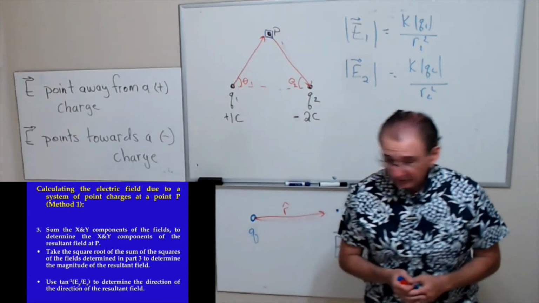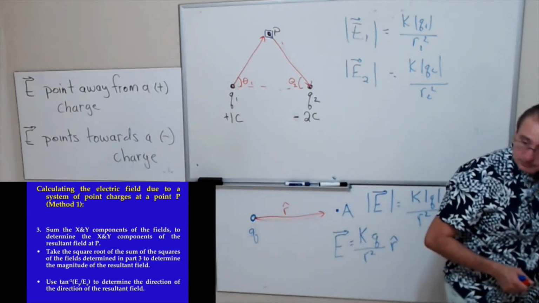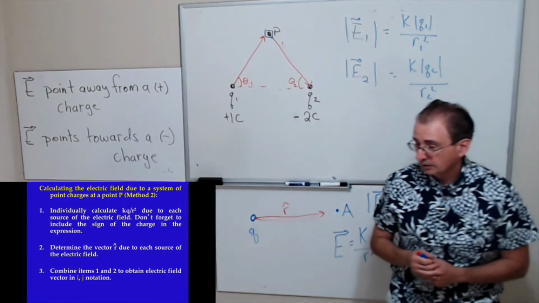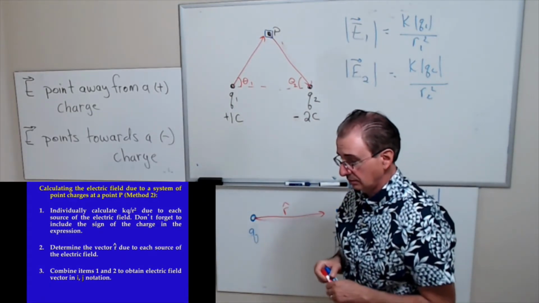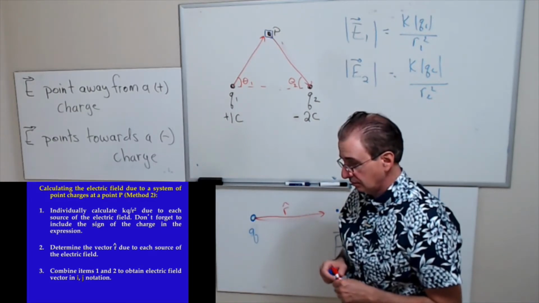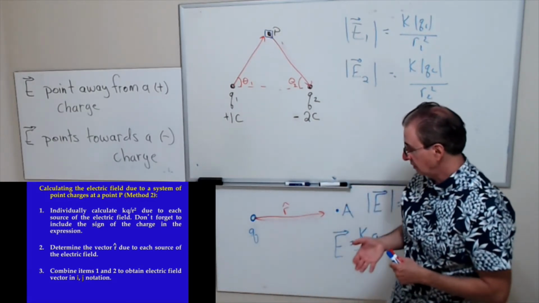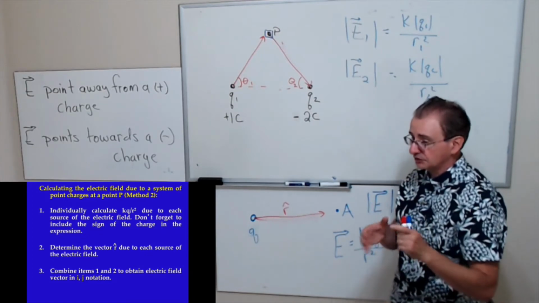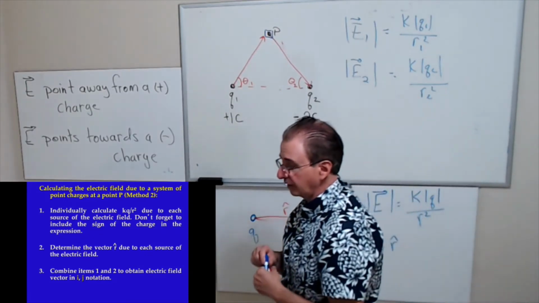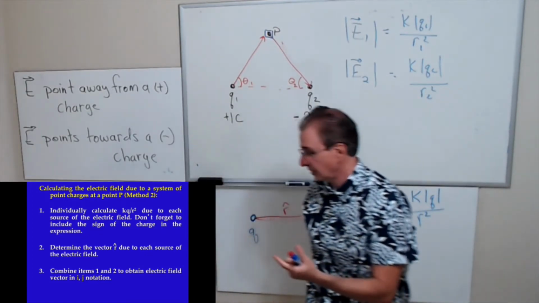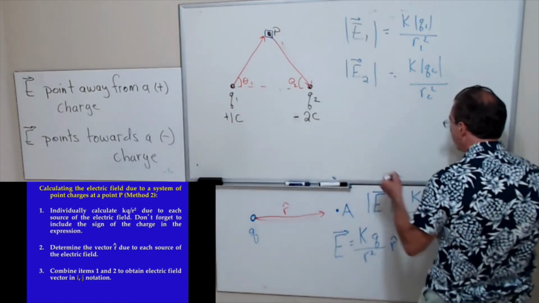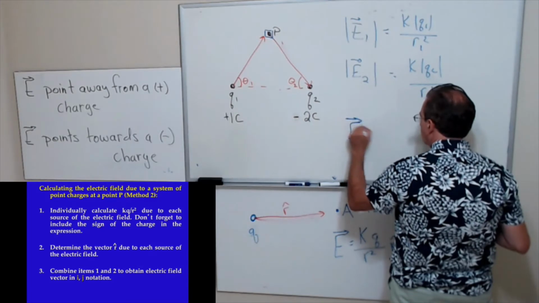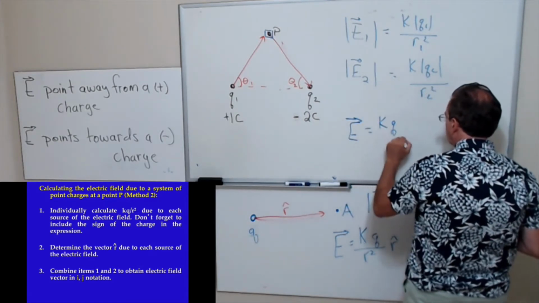Now, there's a second method where you can use the r hat vector. Again, it's less physical. I'm going to make a video that shows this method, so I won't spend a lot of time on it here. But what you do is, you know that you can write the electric field this way.